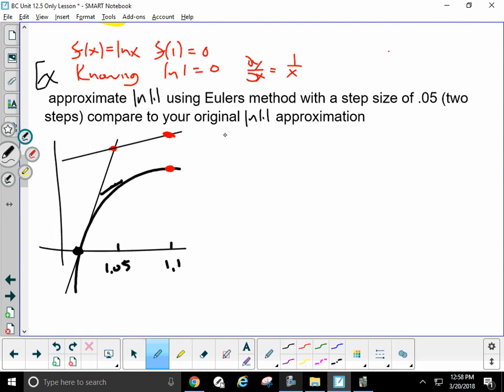I know for my first tangent line I have the point (1, 0), and I know that dy/dx is 1. So I have y minus 0 equals 1 times (x minus 1).